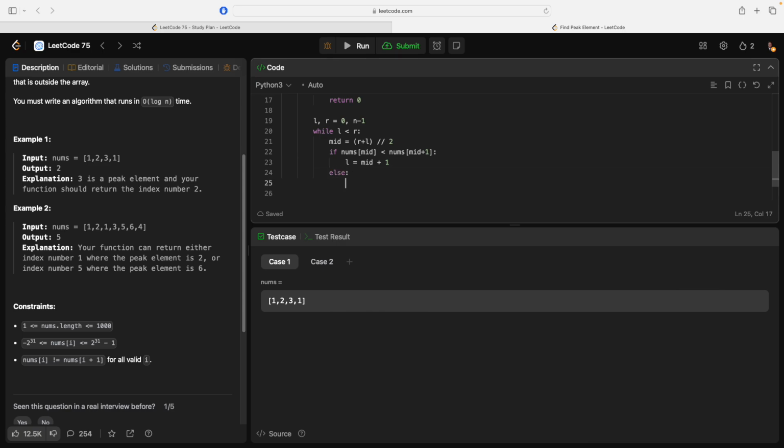Otherwise, that means that, no, we can check is nums mid greater than nums mid minus 1.